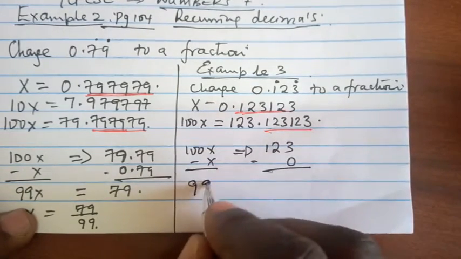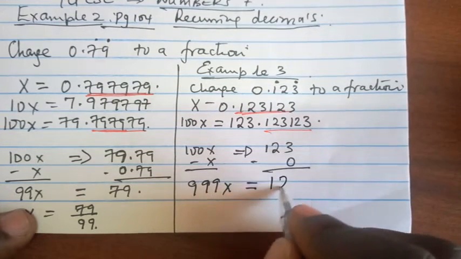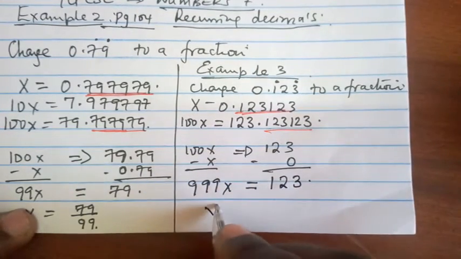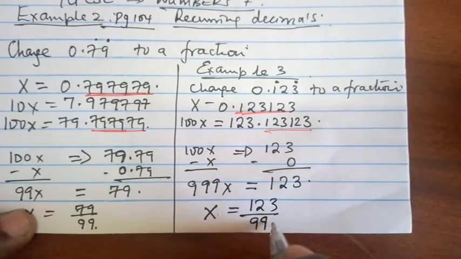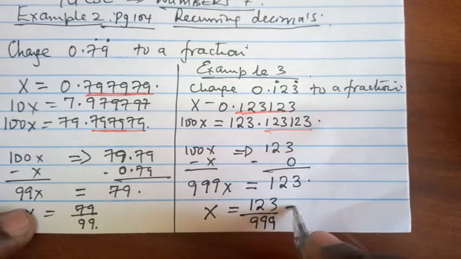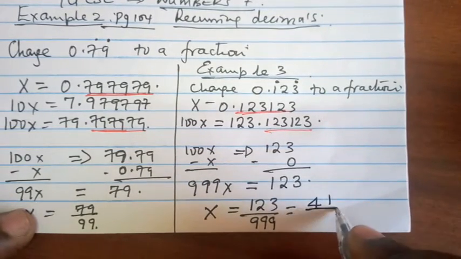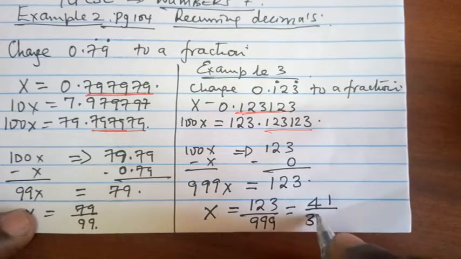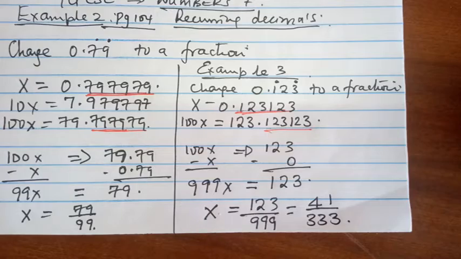So 999x is equivalent to 123, and therefore x is 123 over 999. You can now simplify this by dividing everything by 3 to give us 41 over 333. And that is just it as far as example 3 is concerned.